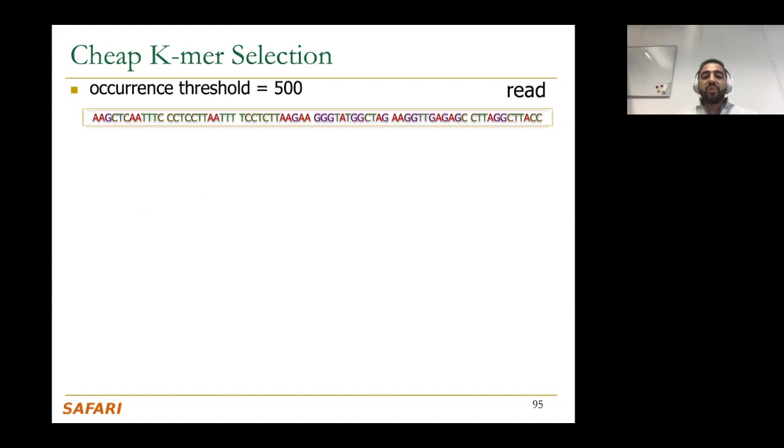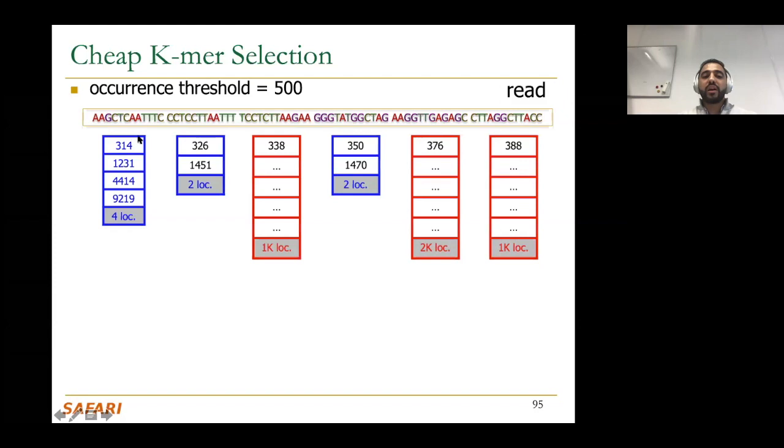Let's see an example. So this is a read, and we specify the occurrence frequency threshold. So we pick the first seed around here, and we query the hash table. The hash table replies back with a location list that has only 4 locations. We keep doing the same thing with other seeds.